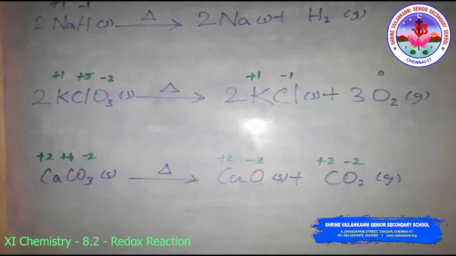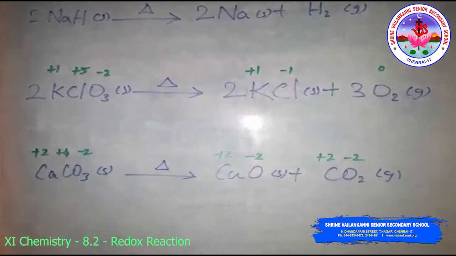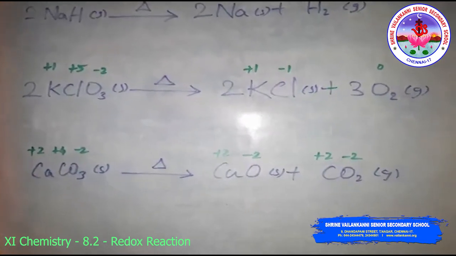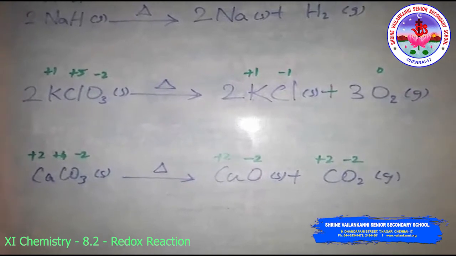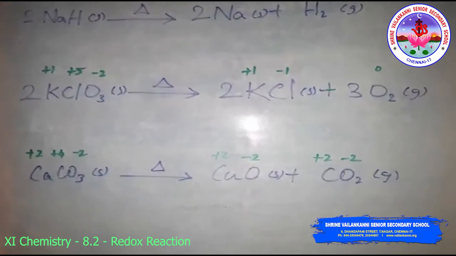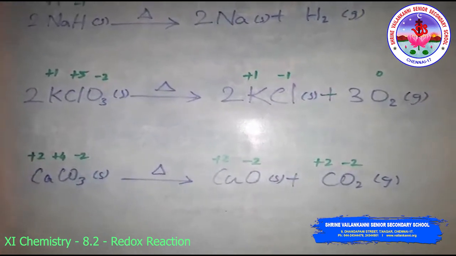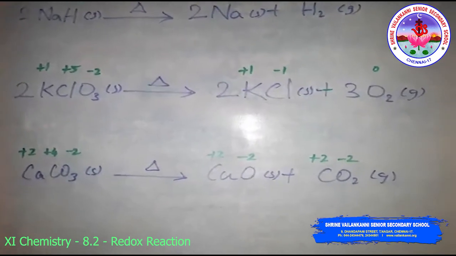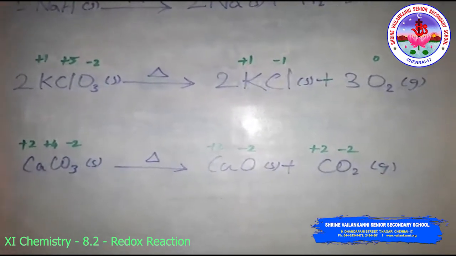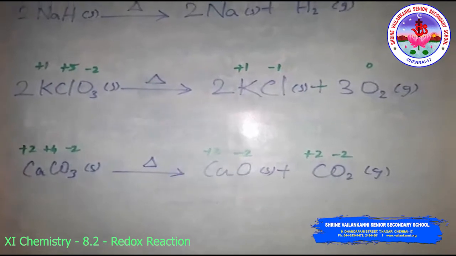Already we saw in the combination reaction that methane reacts with oxygen to form carbon dioxide and water molecule. In that reaction, the hydrogen never changes its oxidation number. That is, the hydrogen on the reactant side is plus 1 and on the product side is also plus 1.